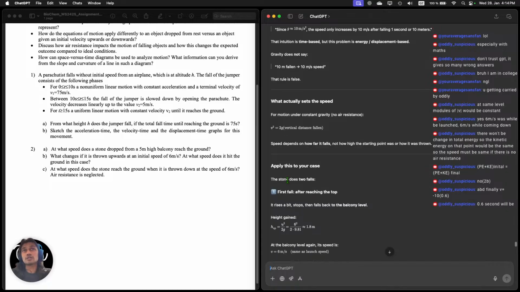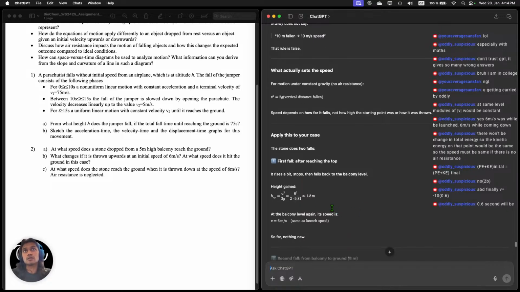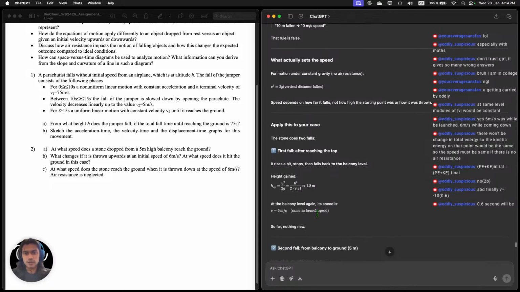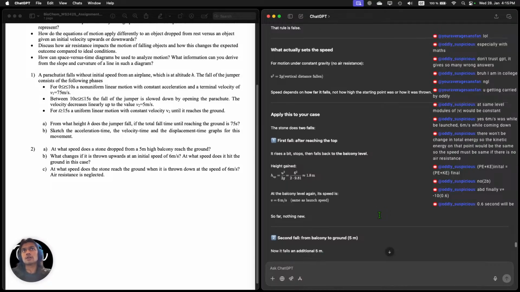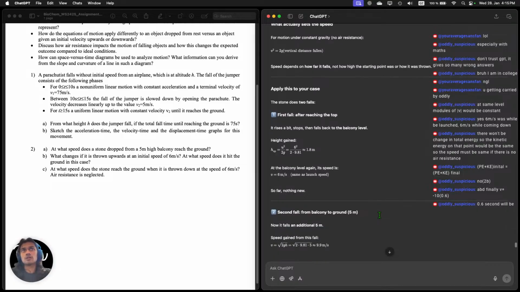Apply this to your case. The stone does two falls. First fall after reaching the top: it rises a bit, stops, then falls back to the balcony level. The height gained is 1.8 meters. At the balcony level, again, its speed is 6 meters per second. Okay, I think that's what you're saying. That is interesting. So far, nothing new. Second fall.